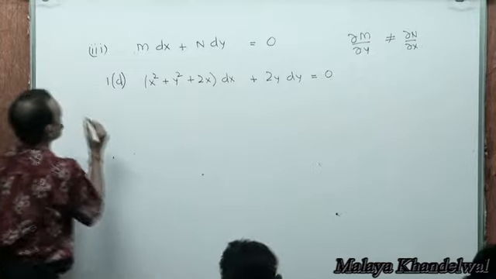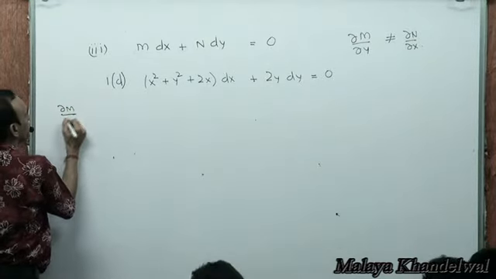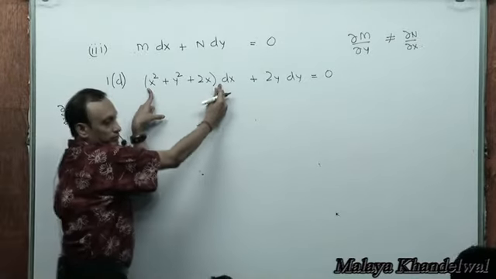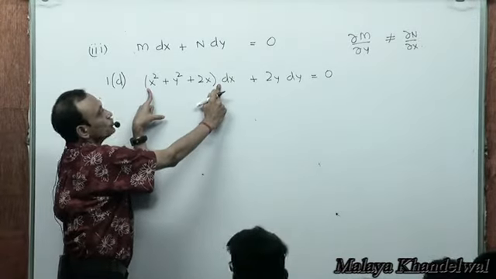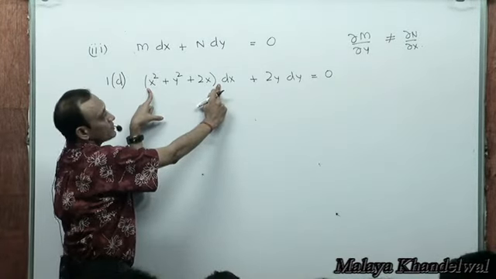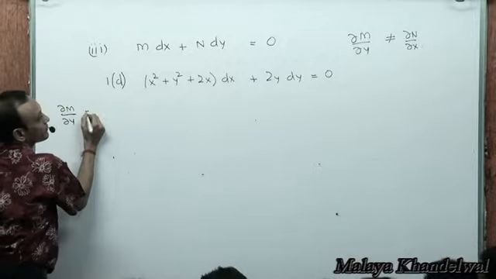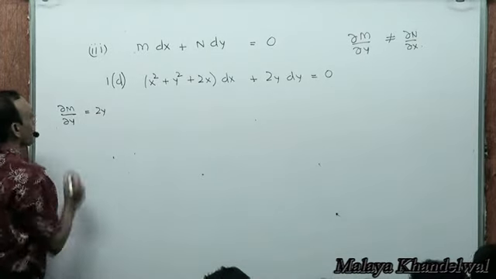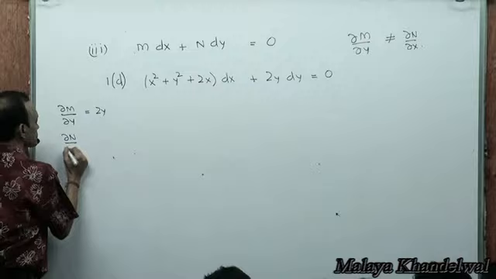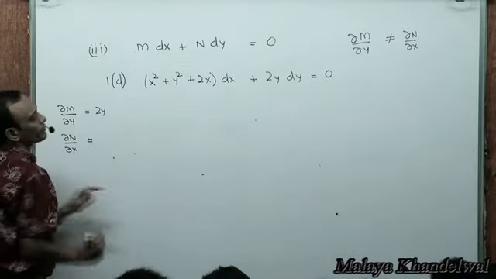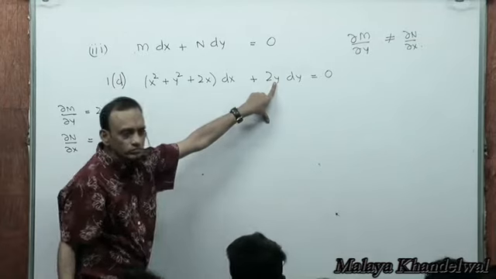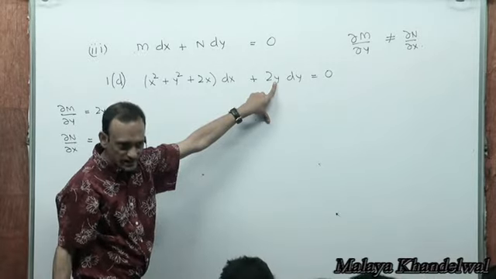So what's ∂M/∂y? This is my M. Differentiate this with respect to y, keeping x constant, you get 2y. ∂N/∂x: differentiating 2y with respect to x gives me 0.